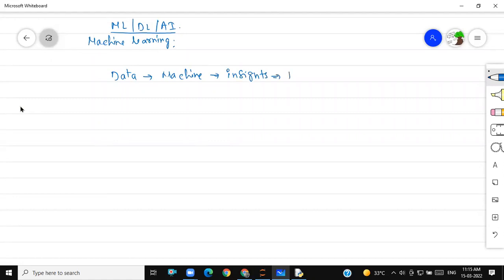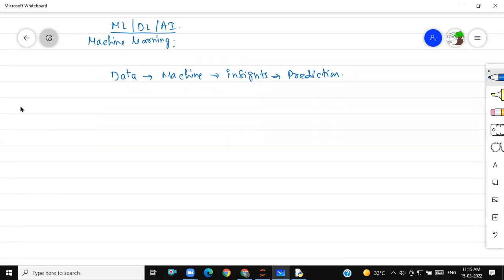Based on those insights, as I told you, we can do some kind of prediction. That is the main process of the machine learning concepts, what we call machine learning.